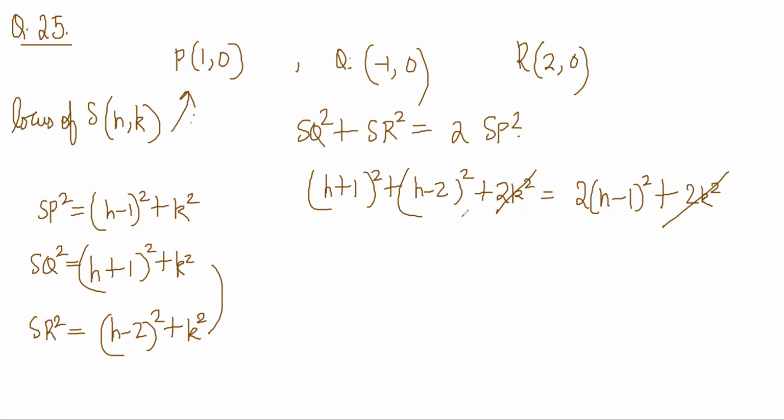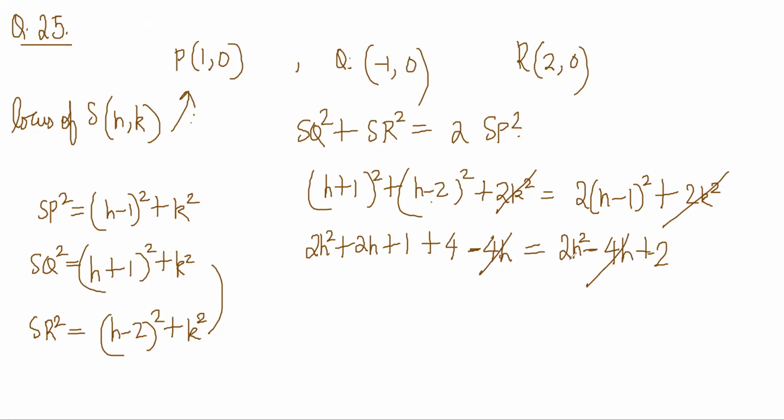So this is plus 2H plus 1 plus, and here it is plus 4 and minus 4H. This is equal to 2H square minus 4H plus 2.